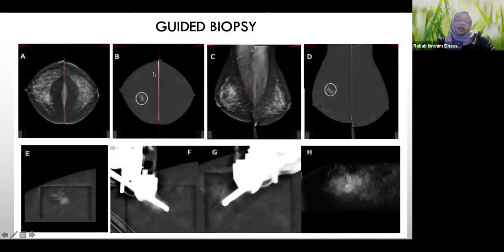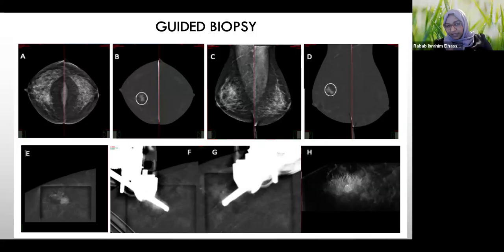Biopsy: contrast enhanced mammogram can facilitate biopsying lesions that were previously only accessible by MRI guided biopsy. So the procedure is very similar. It's a combination of contrast enhanced mammogram and stereotactic biopsy. Basically, we inject the lady, we position her.